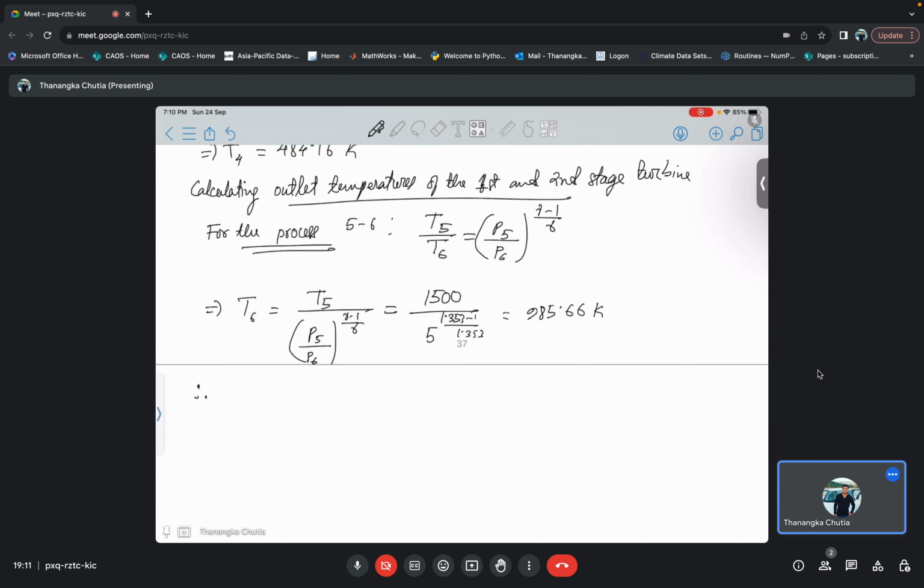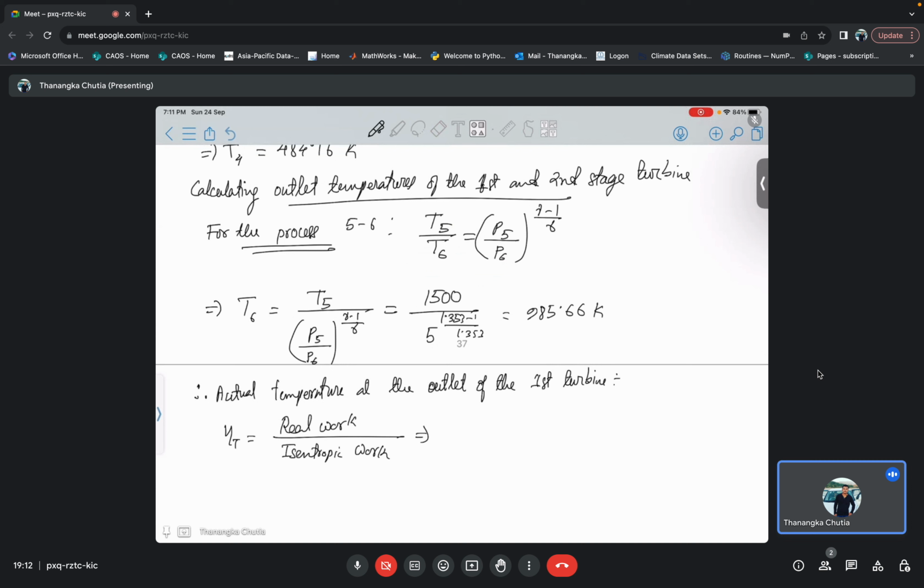Therefore, the actual temperature at the outlet of the first turbine. Now eta turbine, this is just the opposite: real work divided by isentropic work.